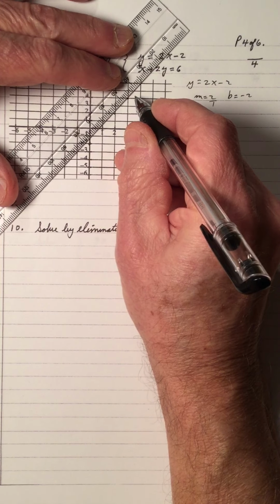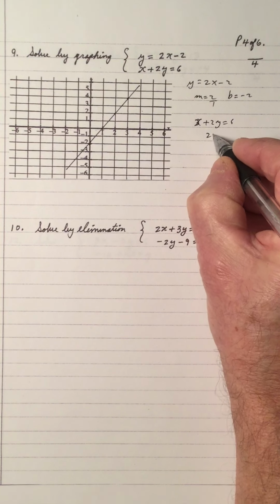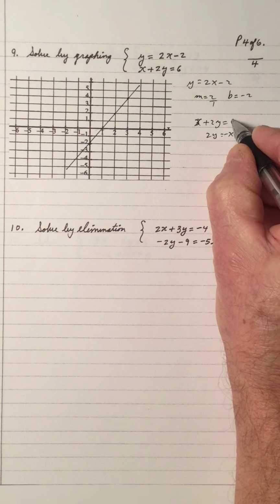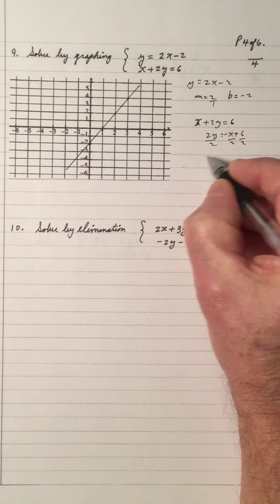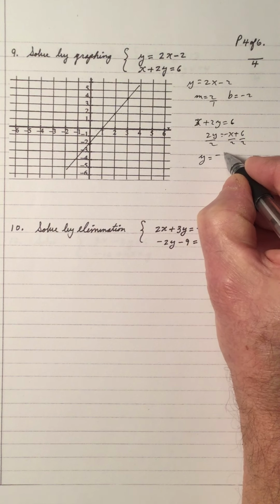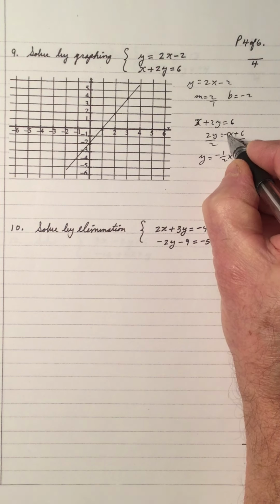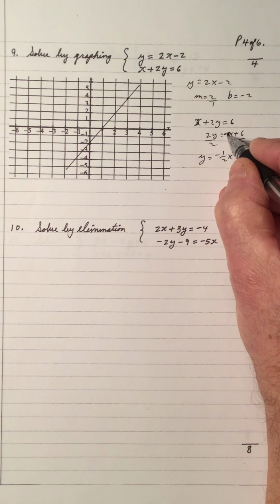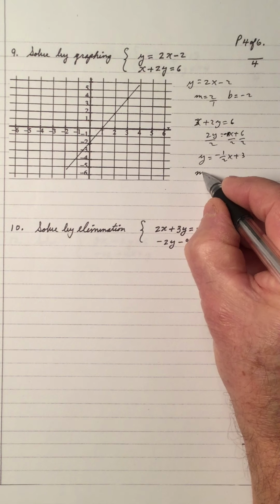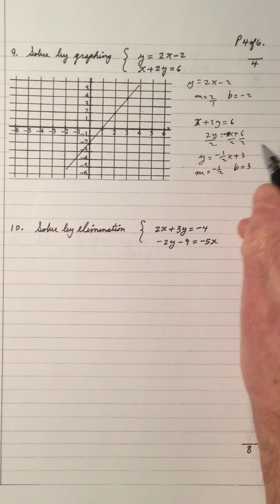Now we have to graph the other one. It's x plus 2y equals 6. So 2y equals negative x plus 6, divided by 2, y equals negative 1 over 2 x plus 3. So the slope is negative 1/2 and the y-intercept is 3.